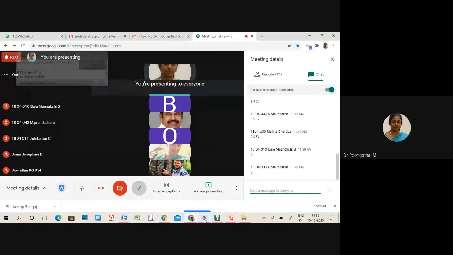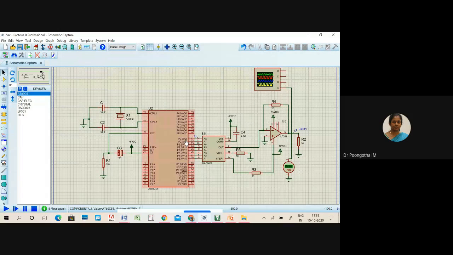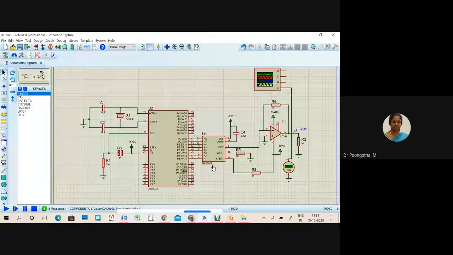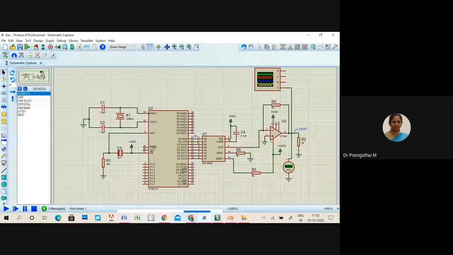Next, load the hex file in the Proteus simulation. Please note down the connections. Here I have connected all the port pins, the P2 pins, to the digital inputs of the DAC IC. Based on the circuit design, I have connected the current to voltage converter.